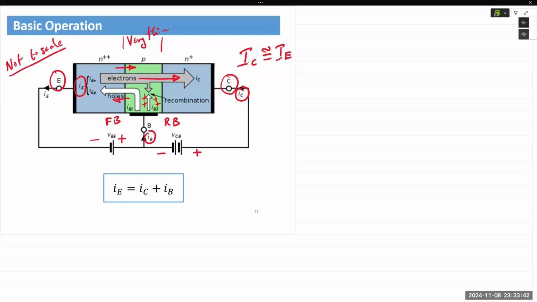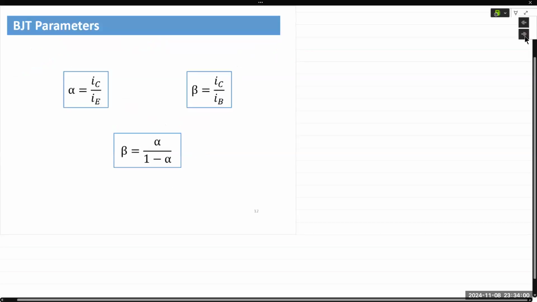Now, we look at the transport model. This is the basic operation of a BJT transistor. Let's look at the transport model, and then we can look at the equations governing that model.